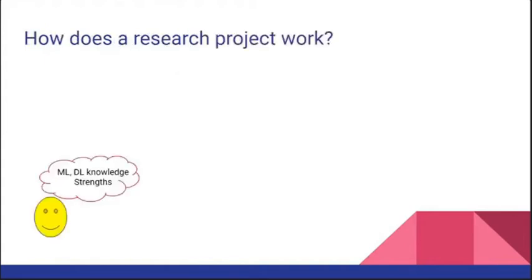Given that in mind, let us now go over the mindset or the life cycle of a research project. You want to do a research project. You will have some machine learning and deep learning knowledge, and some Python knowledge or programming experience. But the second point that I have written, strengths, is very important. What do I mean by strength?